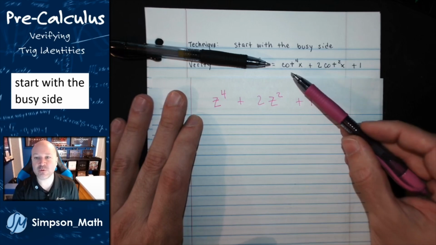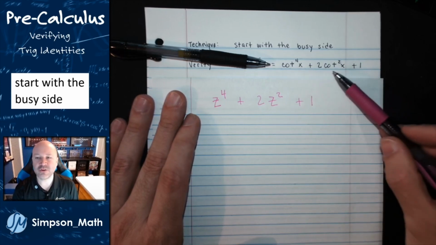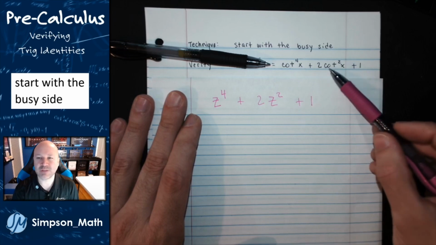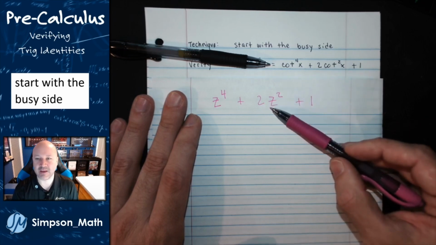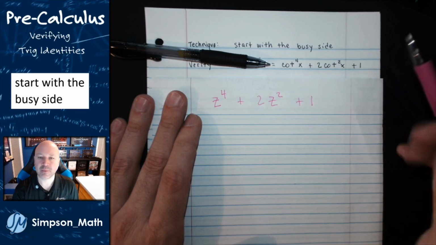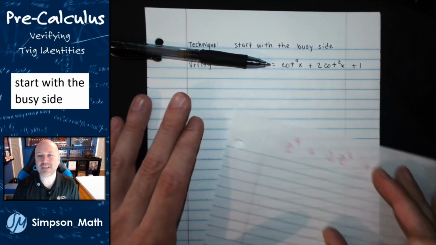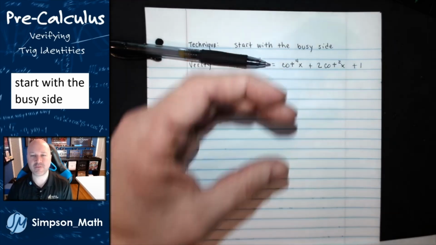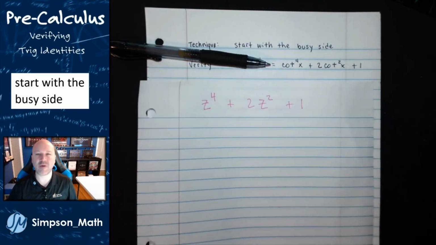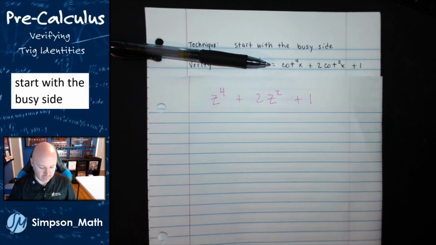If you're ever getting confused with all these trig functions, you can replace them with a variable. Like cotangent, I'm just saying, is some sort of z. So I have z to the fourth plus 2z squared plus 1. Now notice I'm doing this on side paper. I'm not treating this as part of my formal proofwriting. I'm just playing around with what this may look like.